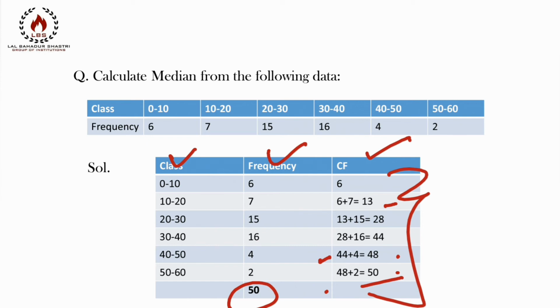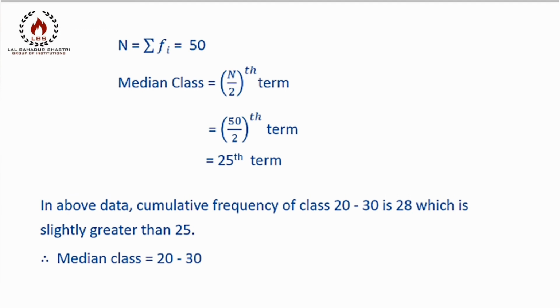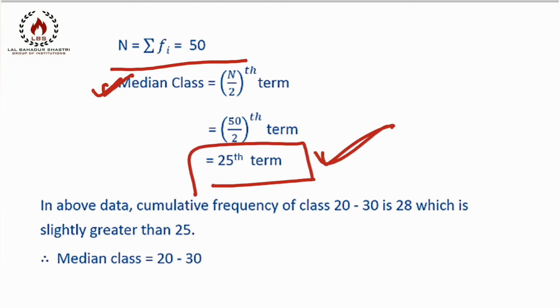Now we'll apply the formulas. First of all, we have to locate the median class. For locating the median class, we apply this formula. Sigma f is equal to 50, and the median class formula is n by 2. So 50 by 2 is 25. Now where do we have to find this 25?